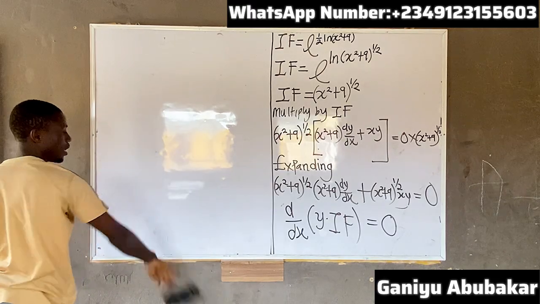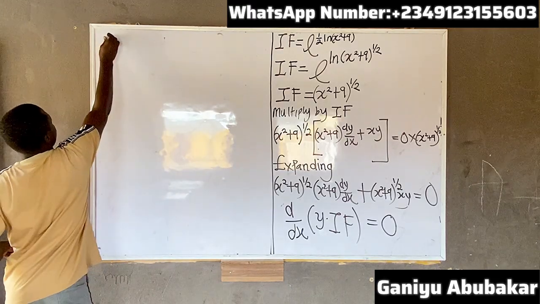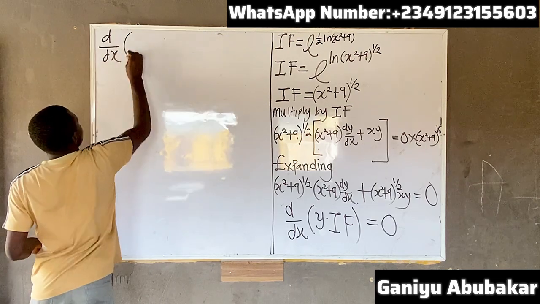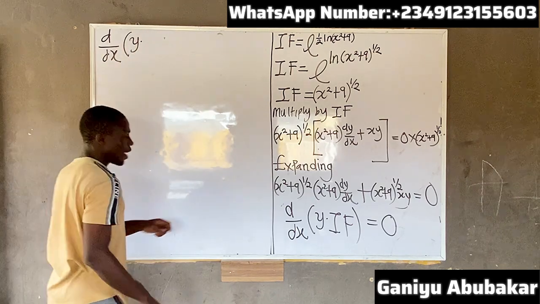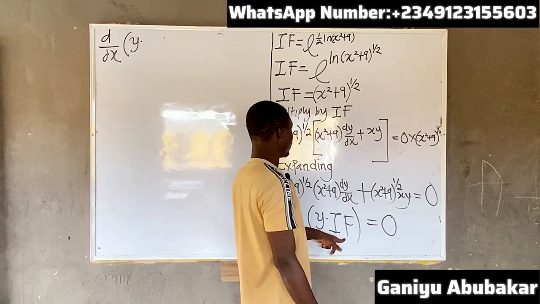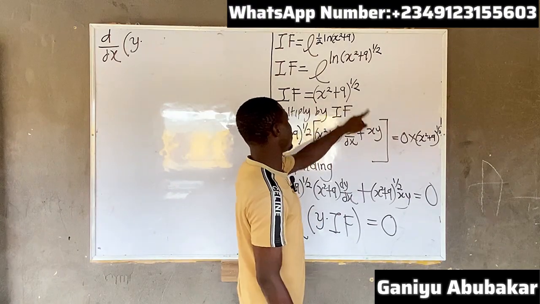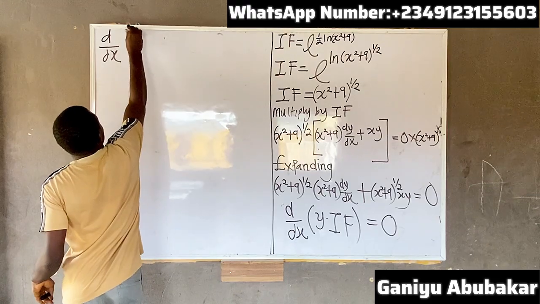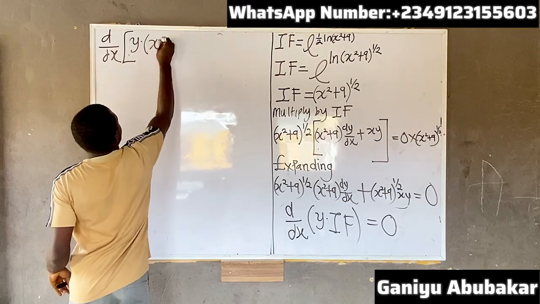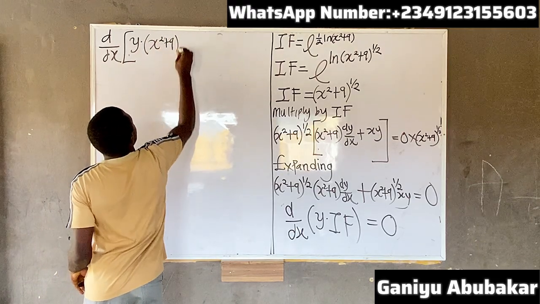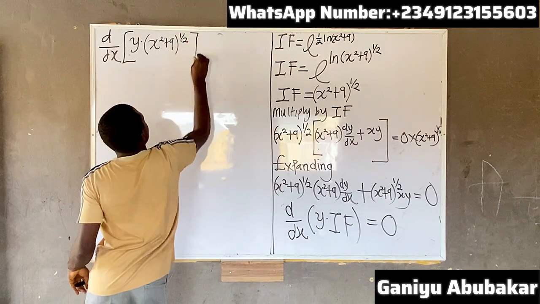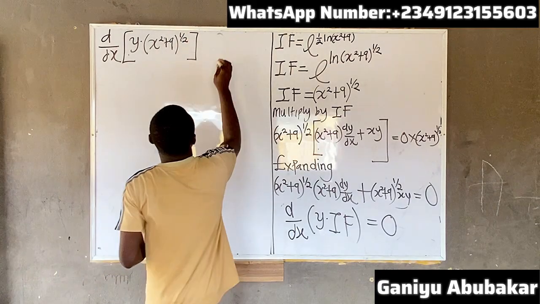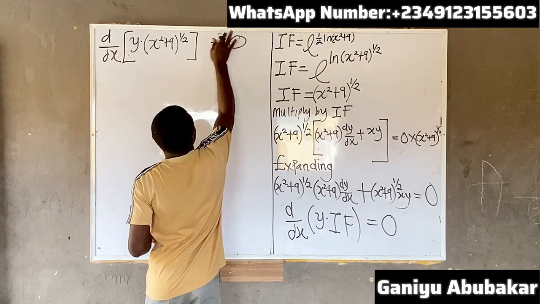That gives you d/dx into y dot IF, the integrating factor, which is (x squared plus 9) all to the power half, equals 0.